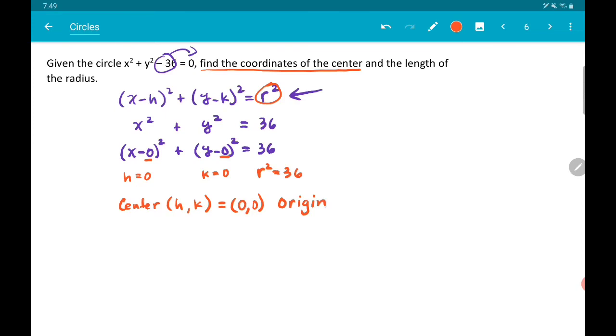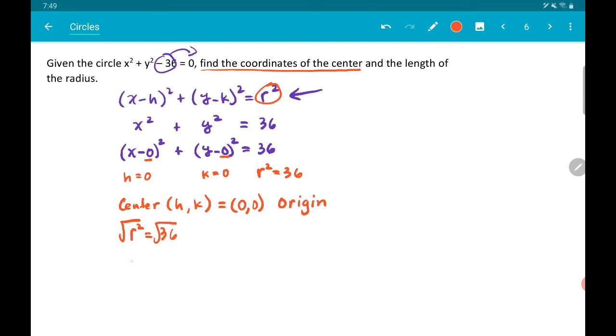We have a circle with center at the origin. So if it's just x and y is equal to something, then you know that the center is at the origin. What's the length of the radius? Well, r squared is equal to 36. We don't want r squared, we need r. So we take the square root of both sides.